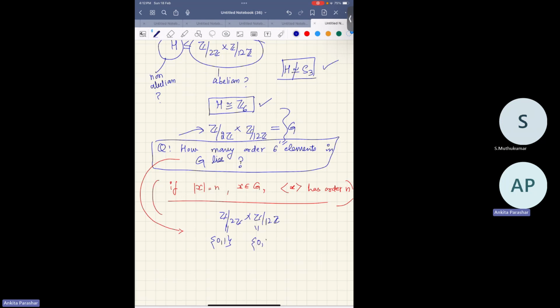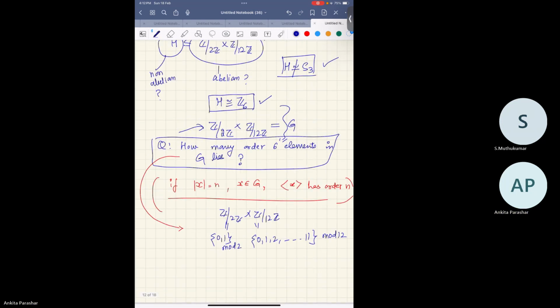Here the elements are 0, 1, 2, up to 11. The operation is mod 12 here, and mod 2 there. Now, if I try to see how many order 6 elements are in this group, can you give me order 6 elements? Of course, your elements have to be tuples (a, b). You choose a from here and b from here, such that the order of (a, b) is 6.